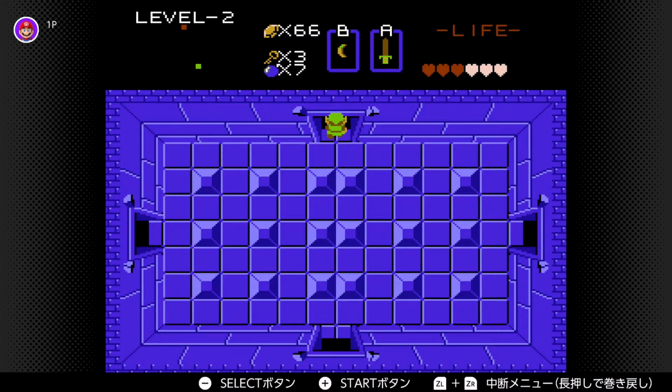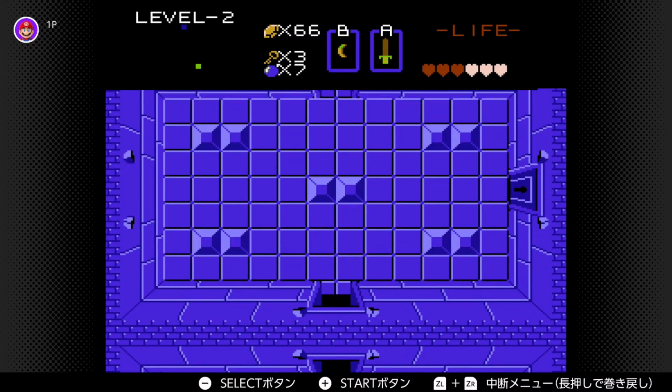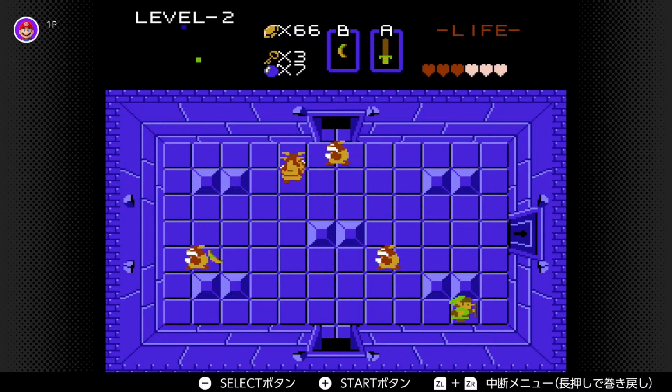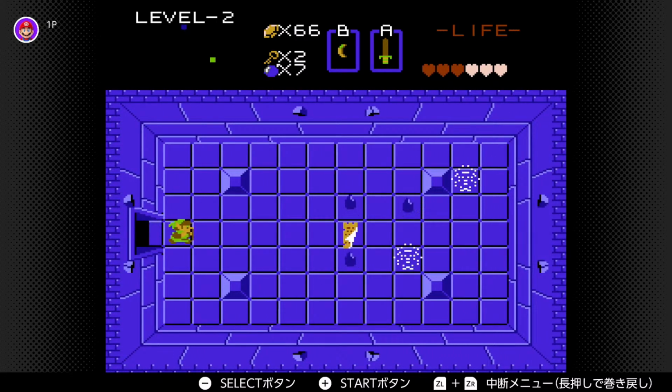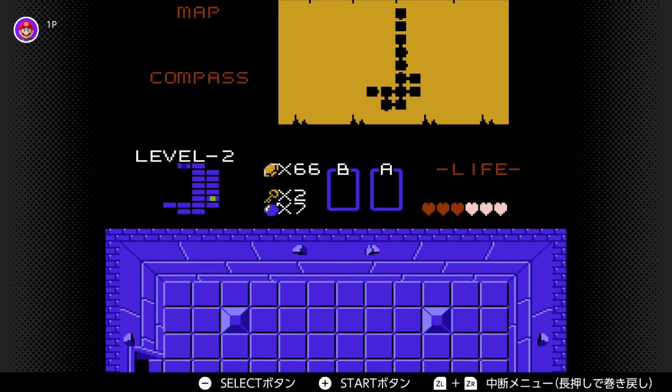Let's continue up. And then always go to the right. We have already defeated all these enemies, so it doesn't matter. We get the map, and so we can see that it's a moon.